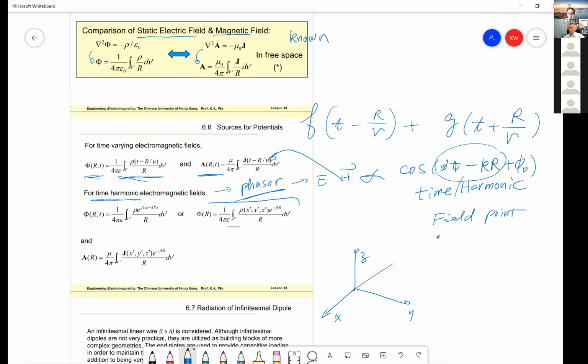This is my vector R. Or if you put the source at the origin. But now we put the current here, this is x prime, y prime, z prime. This is the source, this is what we call the R vector, and this is the field point.